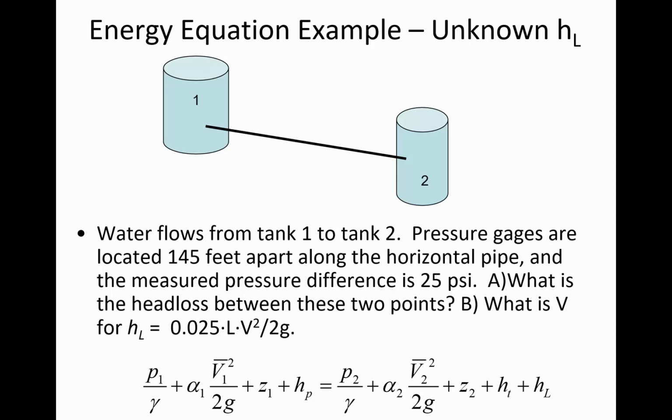And so you can determine, for example, in this equation, if you're rearranging the energy equation and canceling out Z1 and Z2 because it's a horizontal pipe, and because V1 and V2 are the same, because it's the same diameter pipe, we don't have any information that the pipe diameter has changed, and so that means that the velocity at one part of the pipe is the same as at the other.